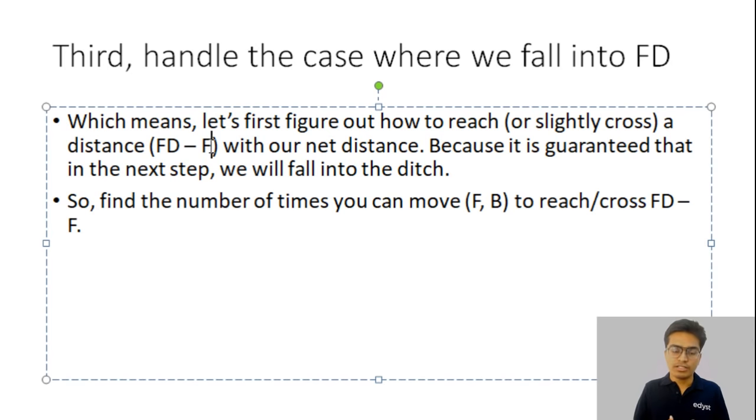Because if you get to that 4, or if you slightly exceed it, if you get to 5 or 6 or 7, you know that the next step is going to cross fd. So to prepare yourself just before you take that one forward step, that's roughly where you should be able to reach by taking these net increment jumps. So let's go with fd minus f for now. It's guaranteed that in the next step we fall into the ditch.